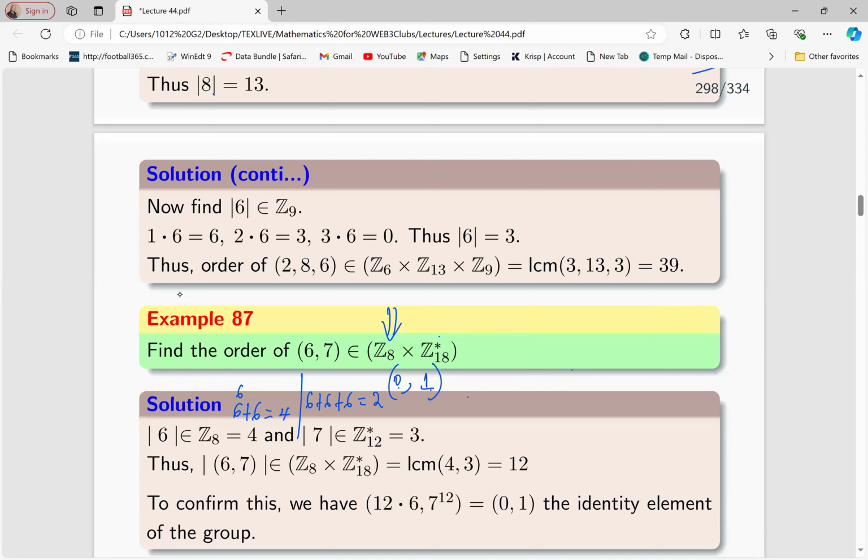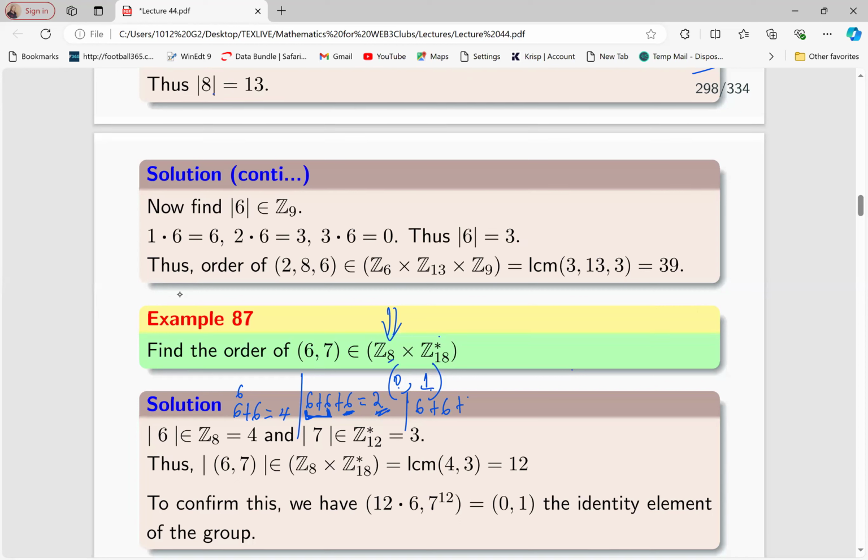Alternatively, take the 4 from 6 twice, plus this 6, which is 10. Mod 8 gives you 2. So 6 three times is 2.